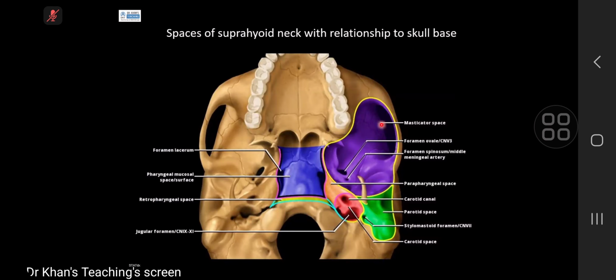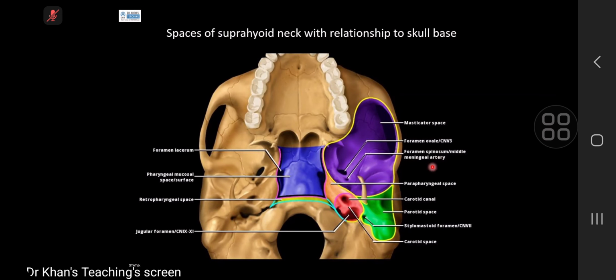Similarly, what we used to call the infratemporal fossa is the same thing as the masticator space, and lesions can go up. Please remember that dental abscesses can go up through that and produce subdural empyema and all those things.